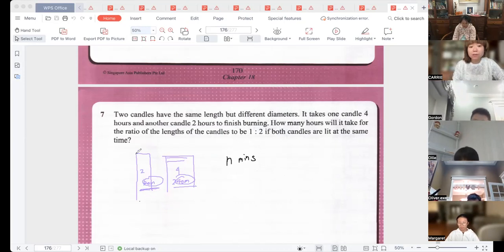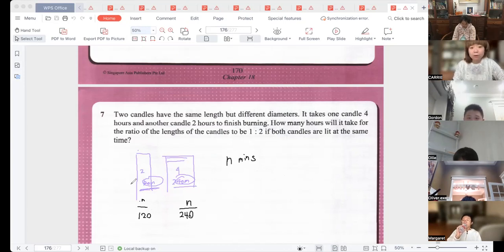For the first candle, the slim one, n minutes later it has burned n/120. And for the fat one, in n minutes it burns n/240.